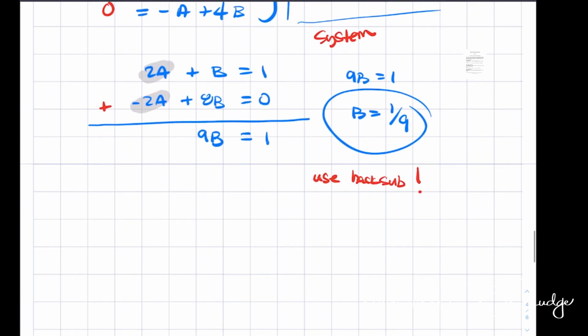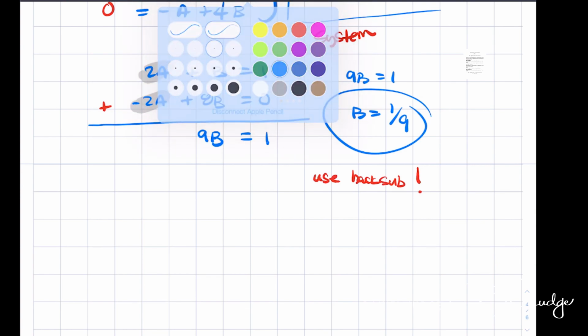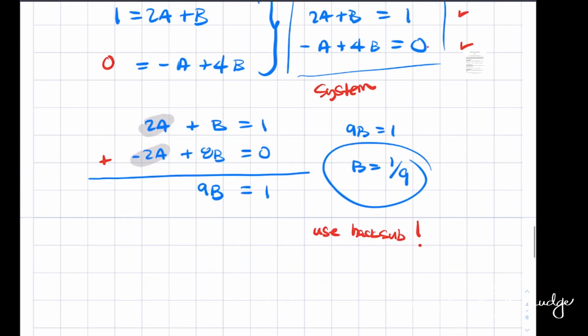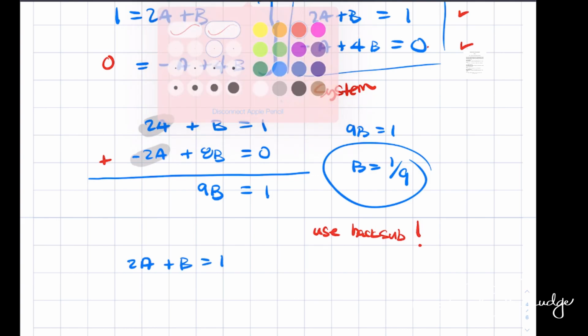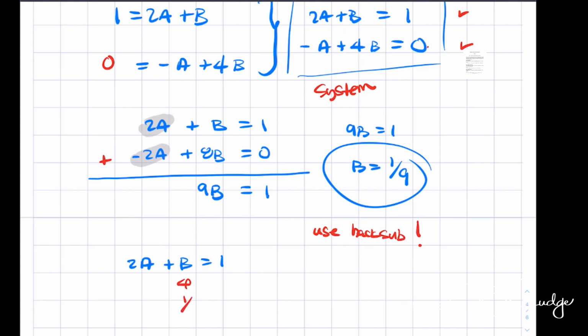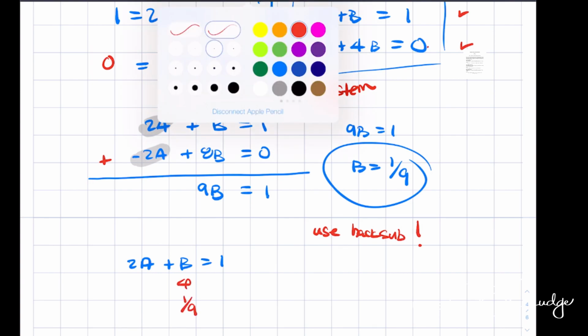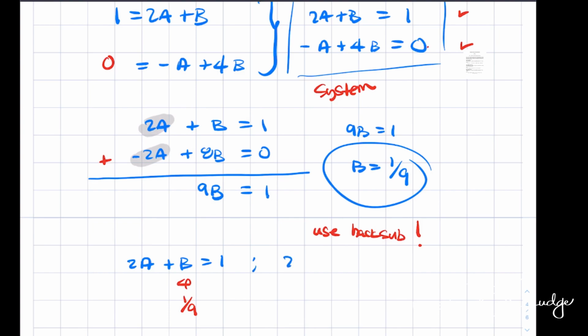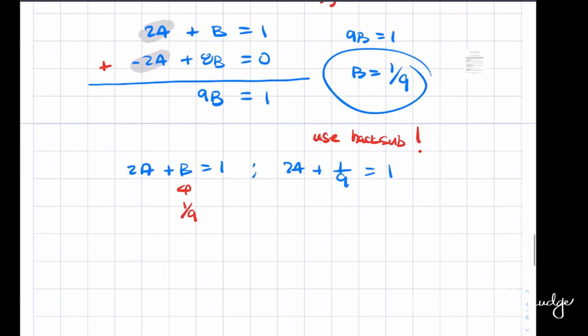So at this point, you might say, okay, I'm going to use the first equation. 2a plus b is 1. And yes, we plug back in b being 1/9. So we get 2a plus 1/9 is 1. And we have to solve for a.